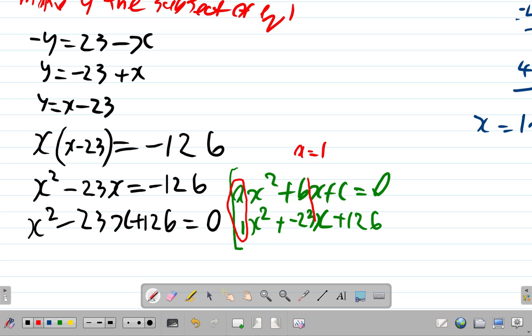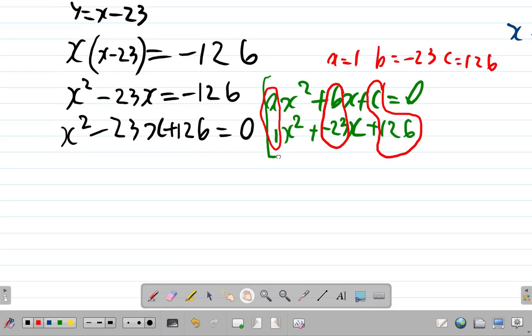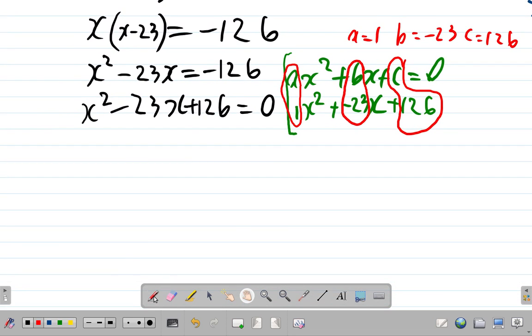So b is negative 23. Up here says plus c, and down here says plus 126. So you can see that c is equal to 126. Alright, good. So with that, you can use the quadratic formula to solve it.